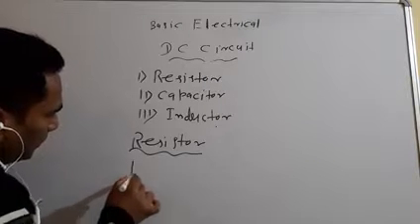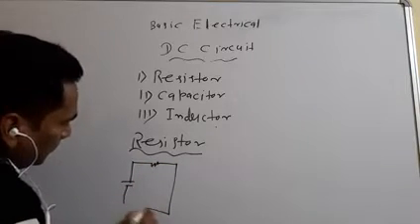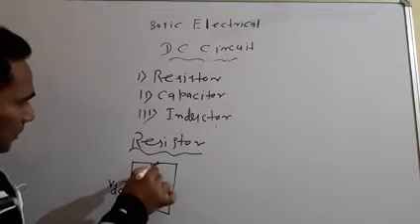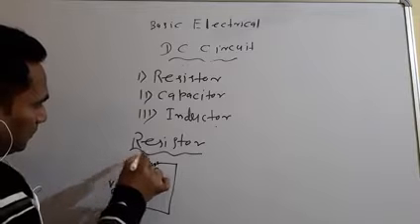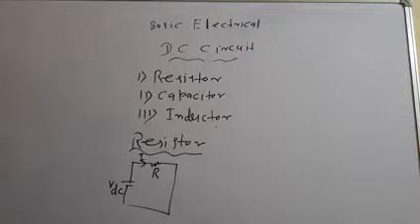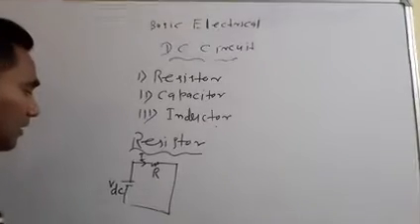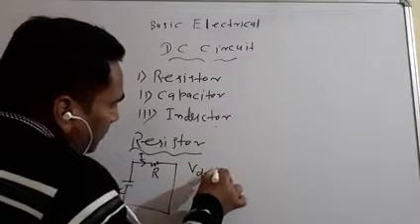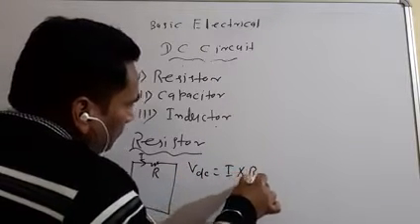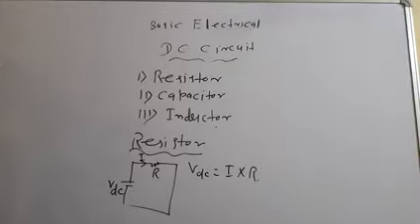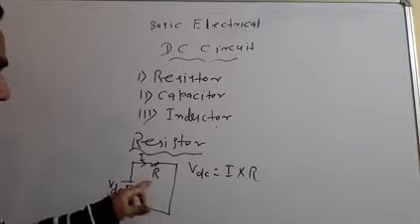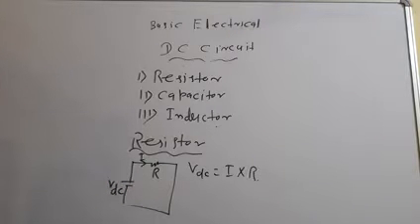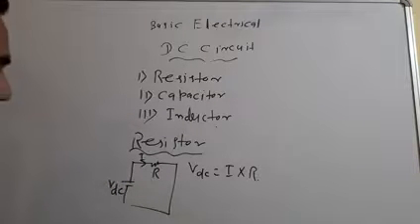For example, this is again a DC circuit, and a resistor is connected here, and from Ohm's law we can write V_DC is equal to I into R. With the presence of a resistor here, there is a power loss, that means loss of power.